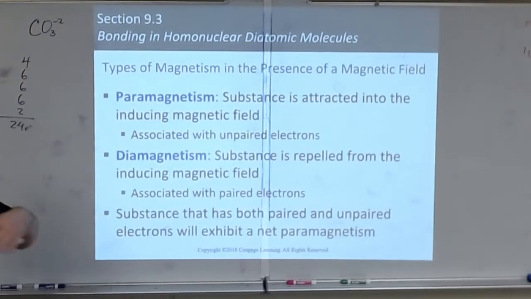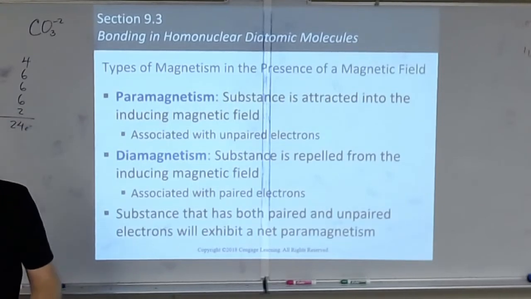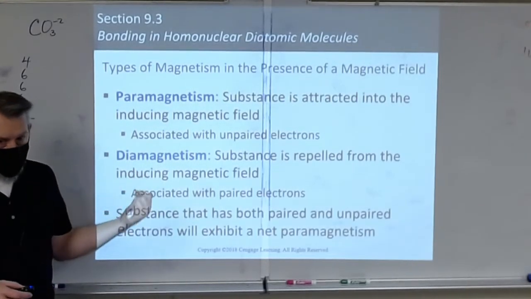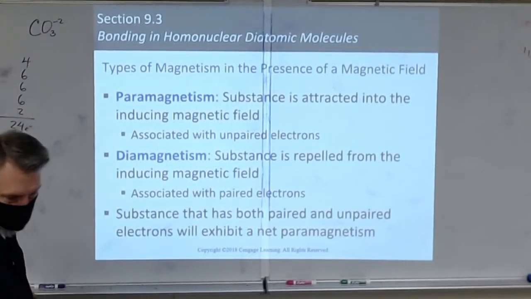If all of the electrons have a buddy, if they're all paired, it's going to be diamagnetic. A substance that has both paired and unpaired electrons has a net paramagnetic property. So just like we did with individual atoms or elements, we also can do with molecules and figure out which are paramagnetic and diamagnetic.